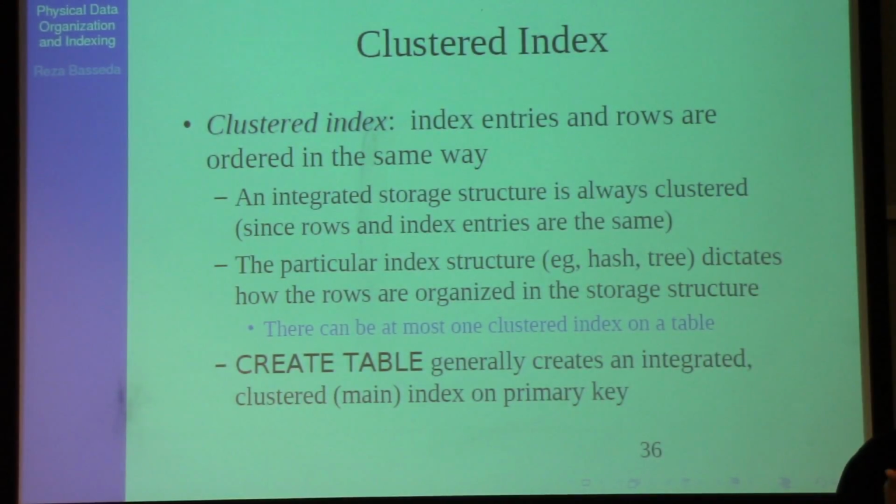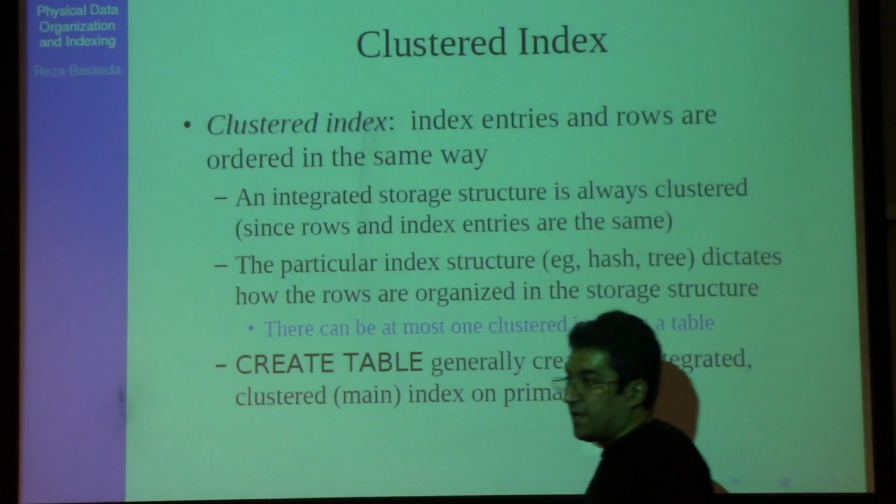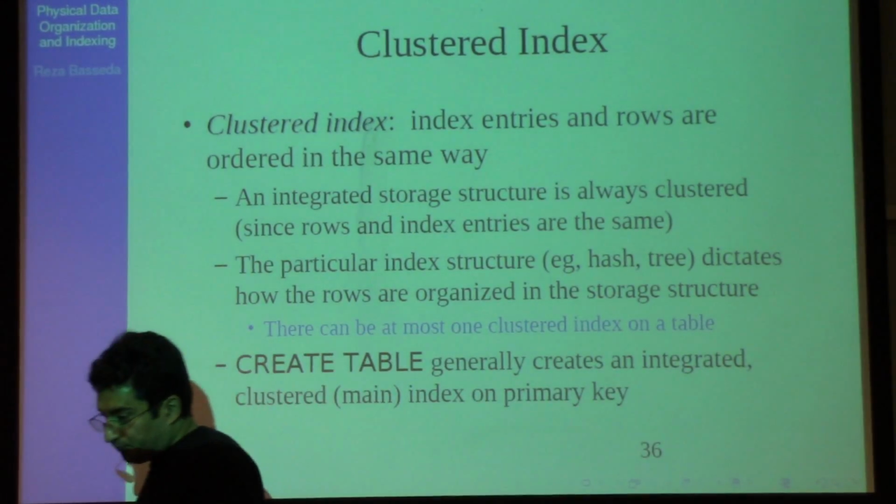And the value is the place where you have to put the data entry, okay? When you are giving a value to the hash map, the hash map is basically sorting the information based on the search key, right? And then consequently, the file will be sorted based on the search key.